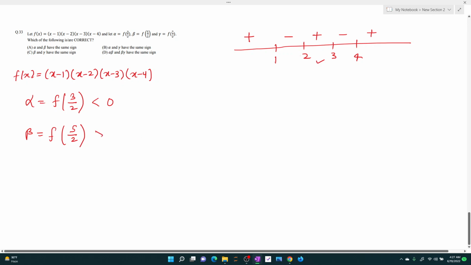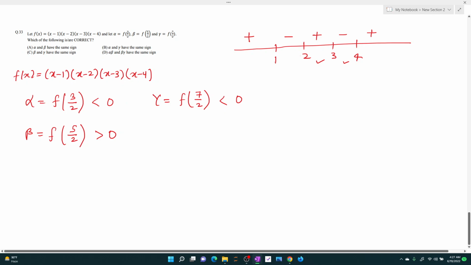And here the sign is positive, so I will say beta should be greater than 0. Now gamma is the value of f at 7 by 2, and 7 by 2 lies between 3 and 4. So I can say that the sign of gamma is negative here, right? So let's check out the options.